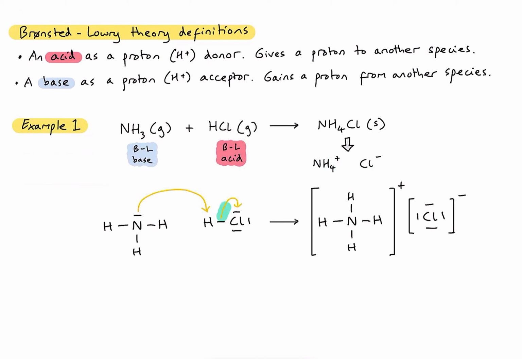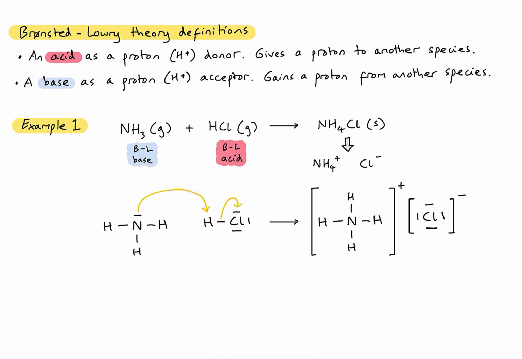The second arrow, which is over here, shows that both electrons from that hydrogen-chlorine bond have returned to the chlorine. Now, one of those belonged to the chlorine in the first place. The other electron, which has come from the hydrogen, has also been gained by the chlorine. Hence, on the right-hand side, we've ended up with a chloride ion, a negative chloride ion to be specific.